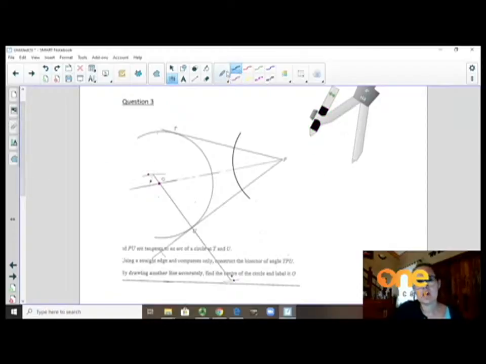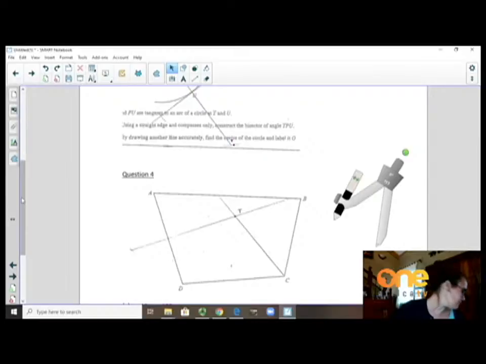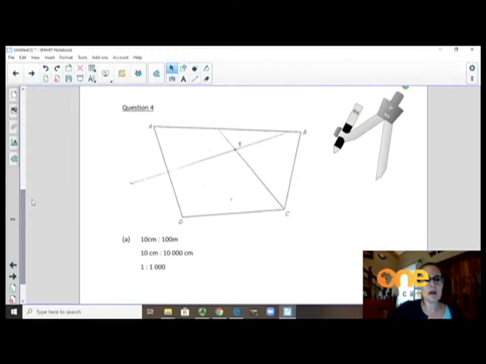Now let's go to question number 4. For number 4, they ask the following. Write a scale of the drawing in the form 1 to n, where n is an integer. So AB is 100 meters. So we write the scale, because if you measure this, you will find AB is 10 centimeters to 100 meters.